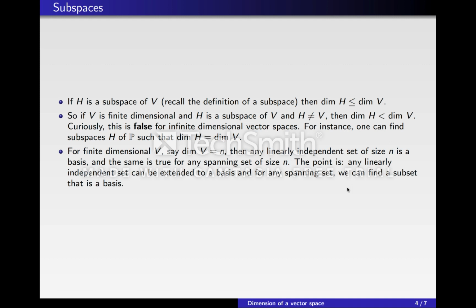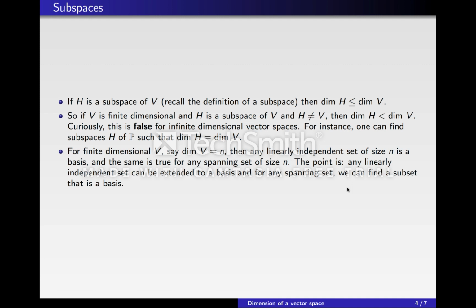That's fairly obvious. If V is a finite dimensional vector space and H is a strict subspace of V, so it's not the same as all of V, then the dimension of H has to be strictly less than the dimension of V. Curiously, and we're not going to go too much into this, this is actually not true for infinite dimensional vector spaces.